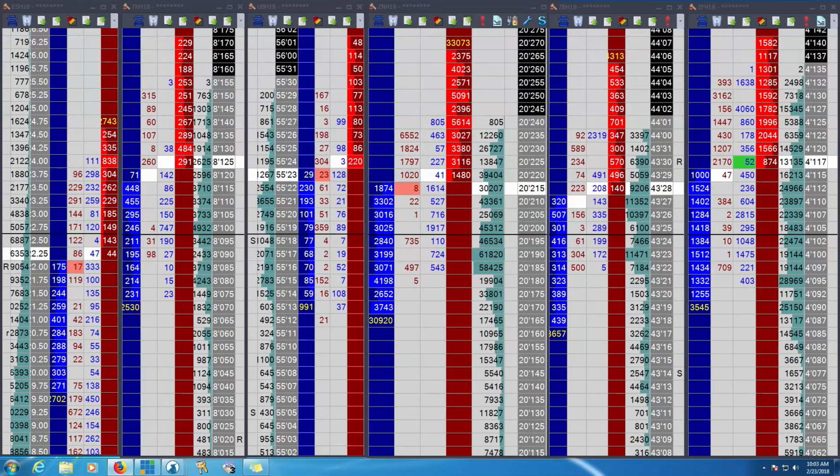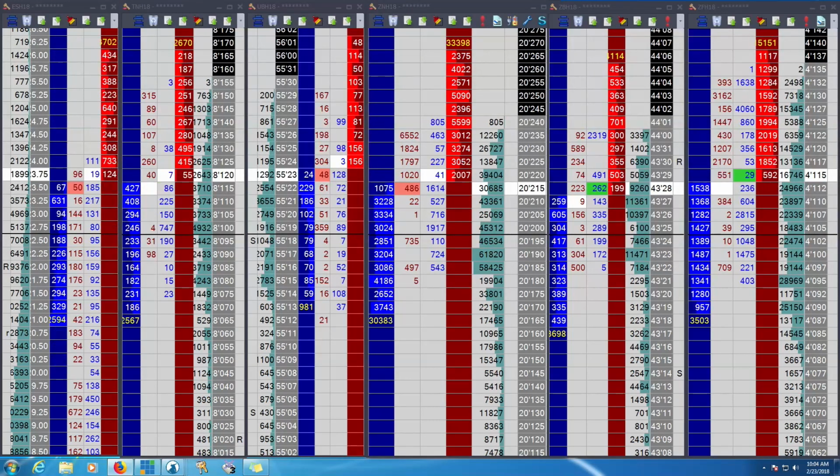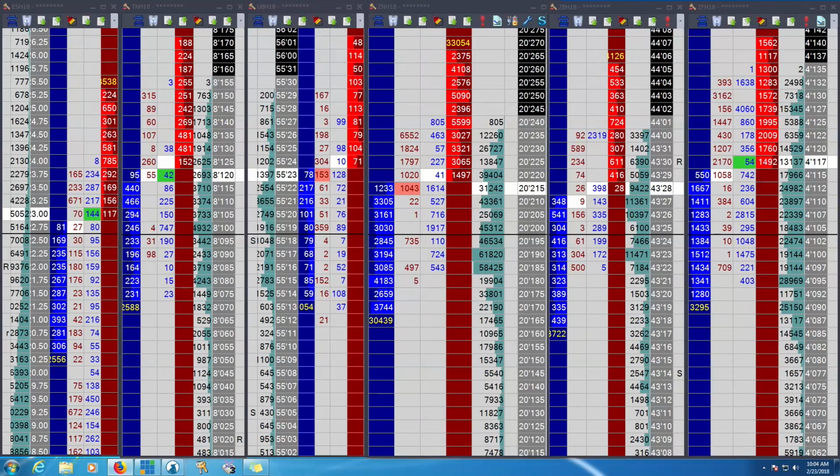I'm looking for what the breakdown was. Weak bid on the TN, 10 and 5. There's definitely no spreading. We're reaching the top on the ES again here.